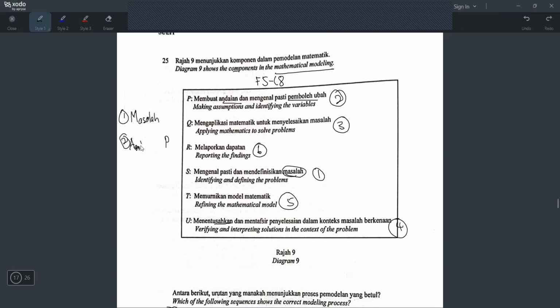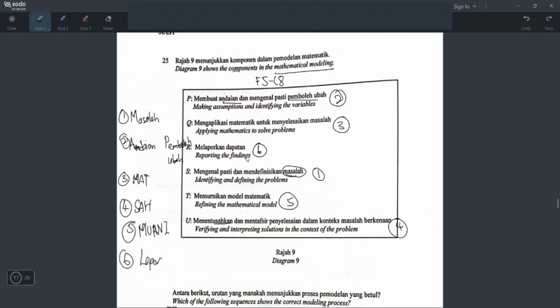A is andaian, and P is pemboleh ubah. In English, andaian is the assumption, pemboleh ubah is the variable. What about 3? 3 is mathematic. Number 4, we sah. Number 5, we murni. And then the 6th one is lapor.